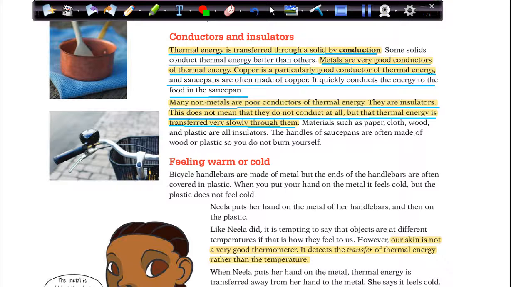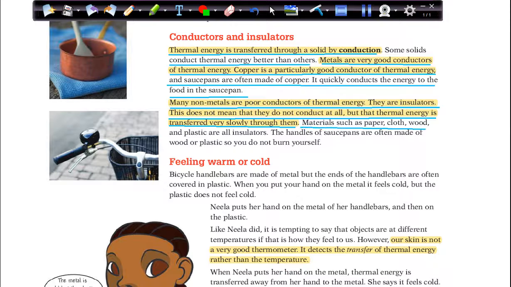You can try this: if you place a plastic spoon or wooden spoon in a saucepan and leave it for hours in a very hot pan, you can feel it a little bit warm because the energy has transferred to it very slowly. But not like the steel or metal ones. They can conduct heat or energy so quickly that they can burn your hands.